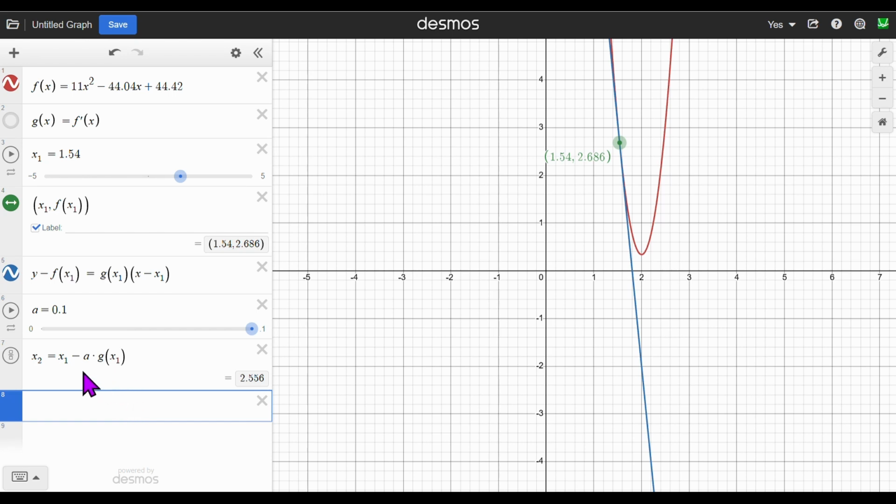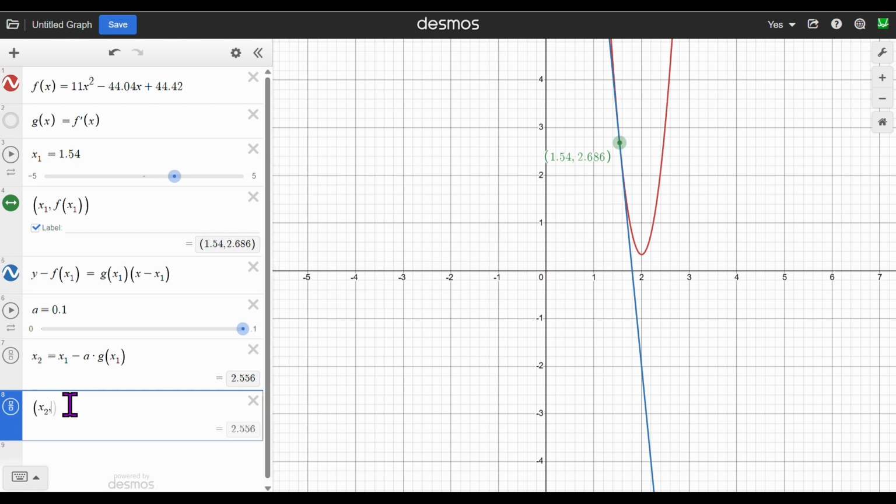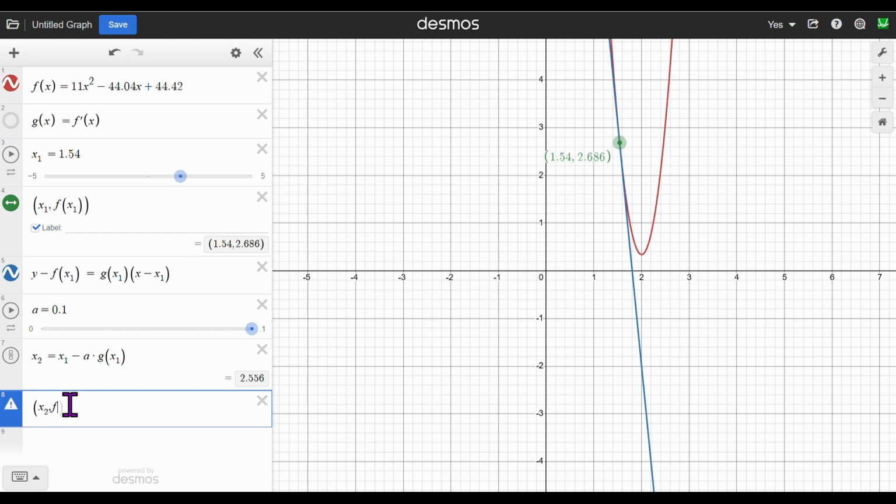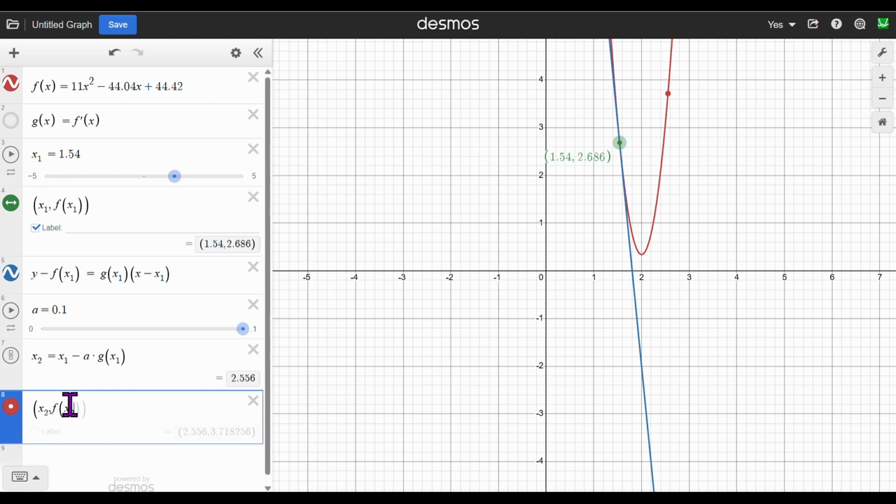Okay, and let me say that I want to print this, so I'll say x2 comma f of x2, and let me call it a label also.